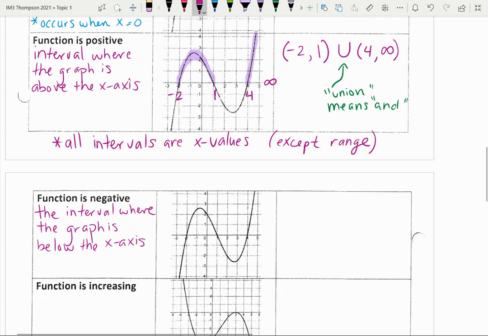Where is the function negative? At the interval where the graph is below the x-axis.